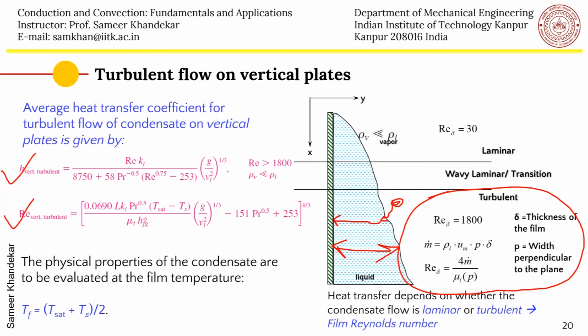So if the plate is inclined, then of course you can use g cos theta. The equation developed for vertical plates can also be used for film condensation on the upper surface by converting it into g cos theta, and therefore equivalent expressions for h, the heat transfer coefficient, can be found out.